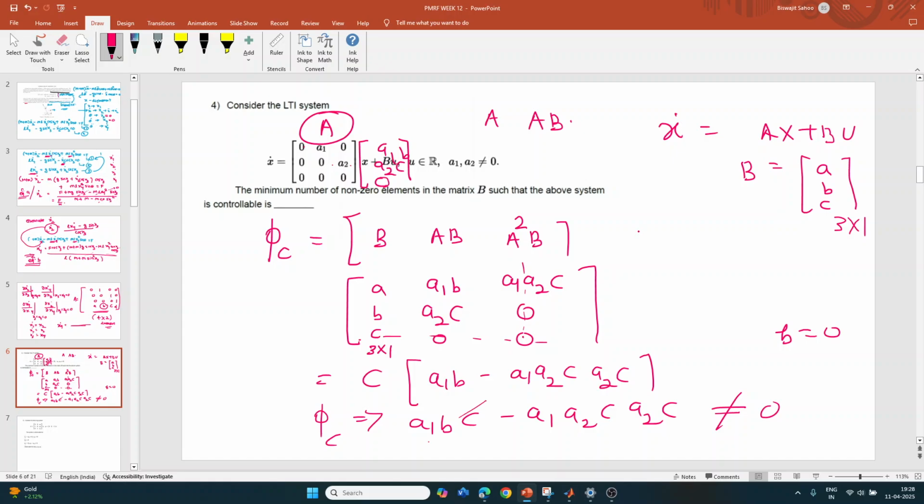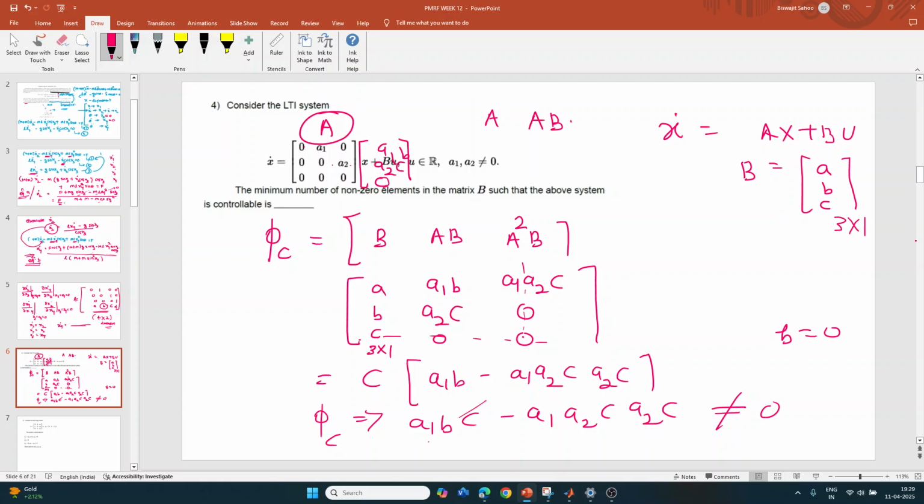Let's say if A equal to 0, then there is no effect. But B equal to 0, this term again means I think for the minimum number of non-zero elements, all are satisfying here.